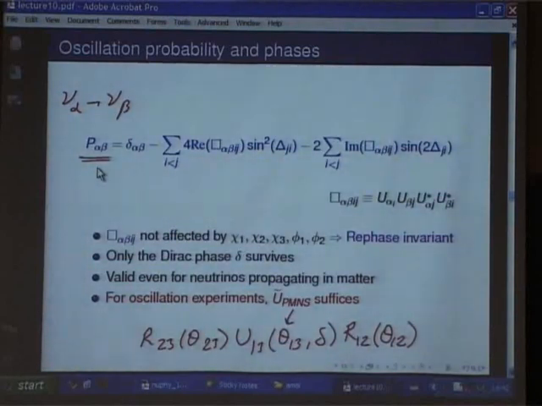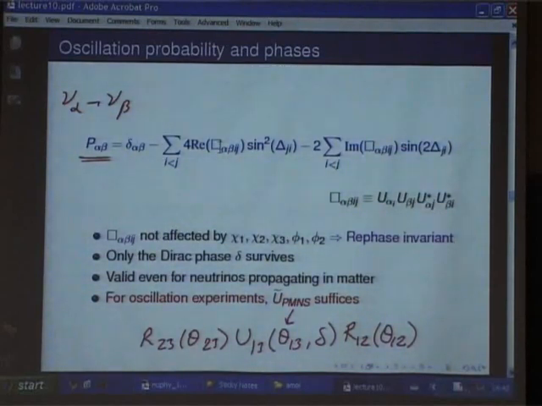The expression that I gave is true only in vacuum, and that's because as soon as you enter matter, you have matter effects. Matter effects means that your UPMNS is going to change. Now we did something similar when we did two neutrino oscillations.